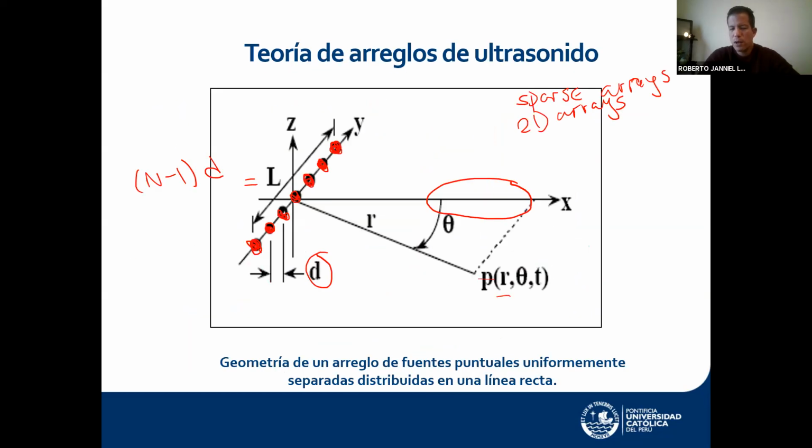Because if you want to conceptualize what an array is, it is a way to construct a transducer that would actually be a line. I mean, it was supposed to be a line, but I don't want to manufacture a line.